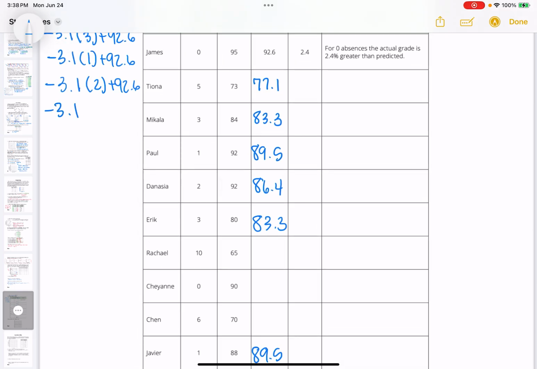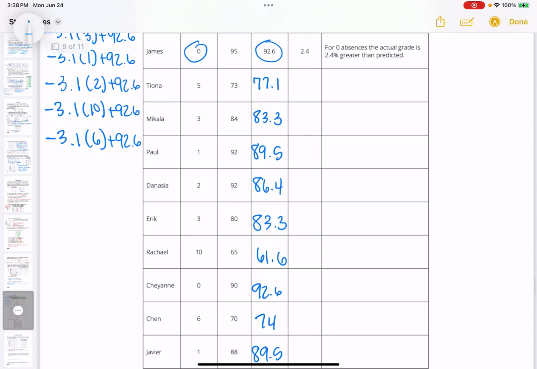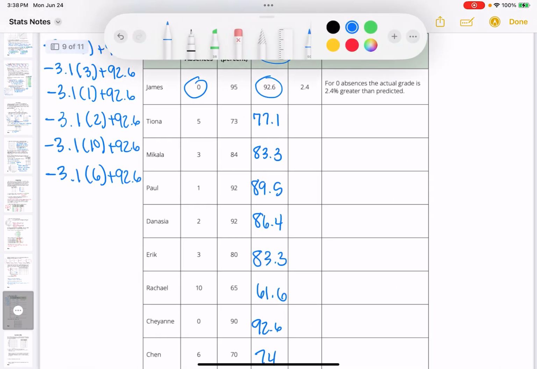Next I do 10, which is 61.6. All right, 0, they found it for us, so 92.6. And then I need to plug a 6 in, which will give me 74.